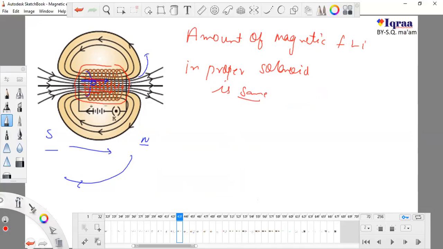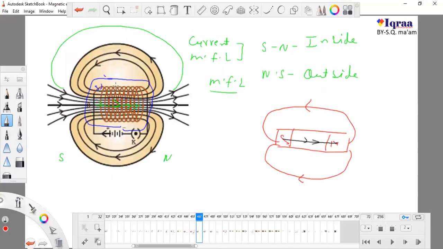What is a proper solenoid? A proper solenoid is only the area which is having these coils, and the amount of magnetic field lines, you can see the intensity of magnetic field lines in this area is always the same.